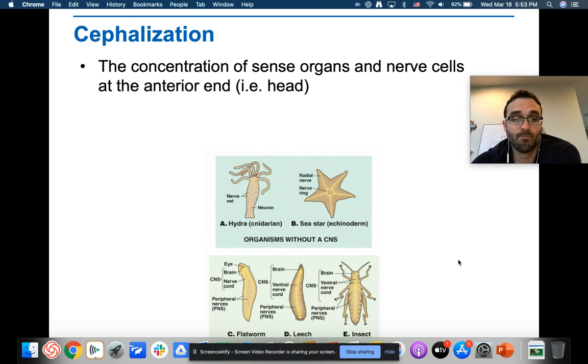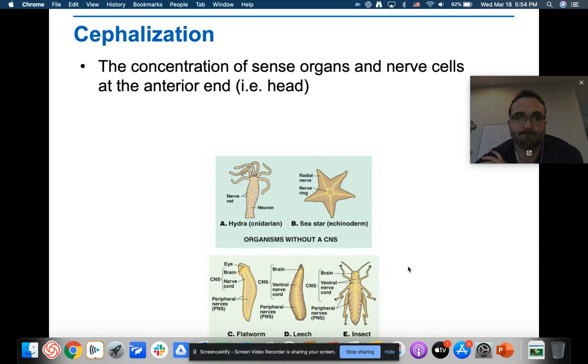Okay, so do we call every bundle of nerves a quote unquote brain? Perhaps, perhaps not, but it's really important that you guys understand that the central nervous system has the brain on the anterior head for the development of cephalization, and that we call that the head because that is the direction of movement.